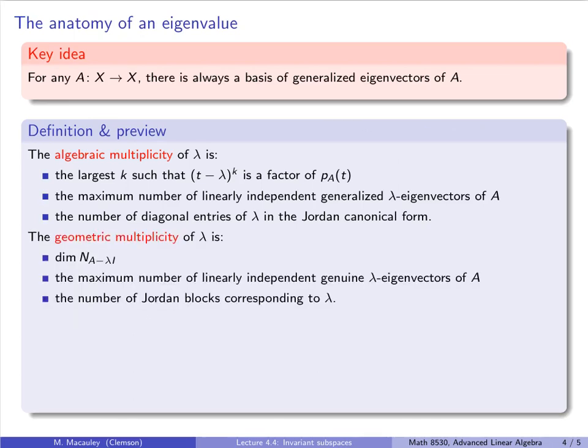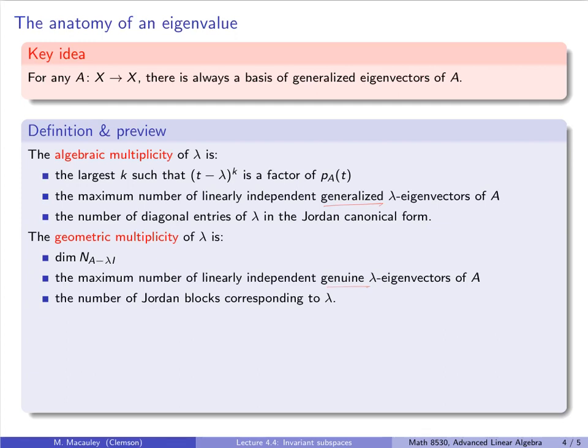Next is the geometric multiplicity of lambda. That, by definition, is the dimension of the null space of A minus lambda I. That has the geometric interpretation as being the maximum number of linearly independent, genuine lambda eigenvectors of A. Compare that to the algebraic multiplicity, which counted the generalized eigenvectors.